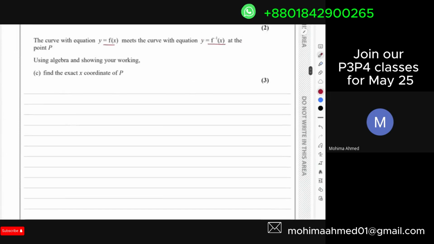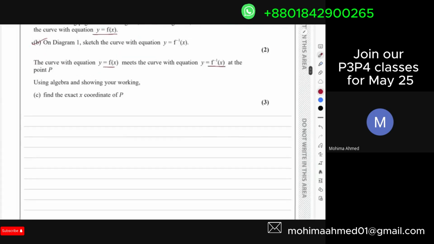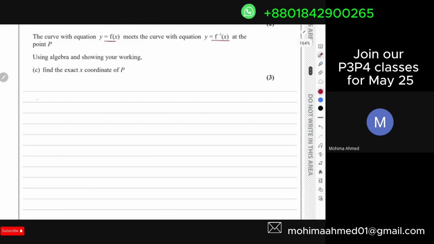So I have to calculate the equation for f inverse. For part C, you have y equals 2x squared minus 5, and you can write this as 2x squared equals y plus 5, and then the value for x is going to be the square root of (y plus 5) divided by 2.